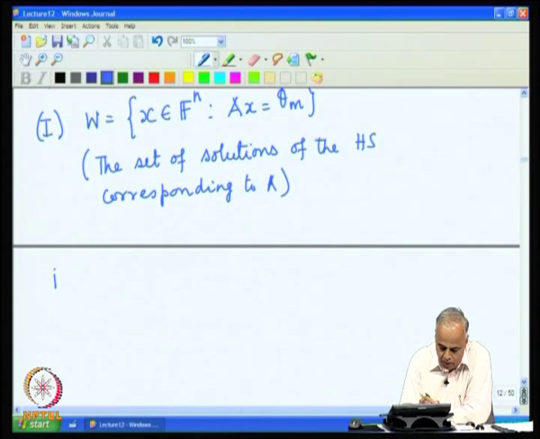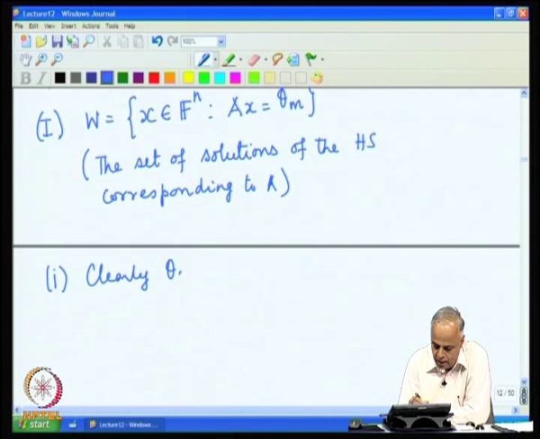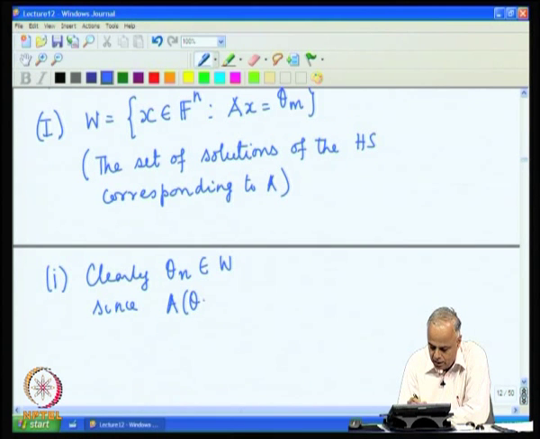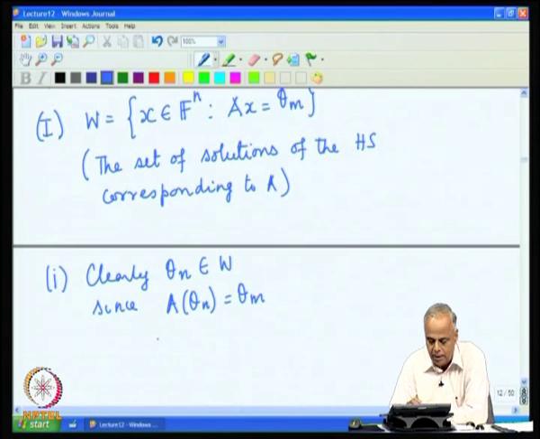So, one, clearly the 0 vector in F n is a solution of the homogeneous system. So, clearly theta n belongs to W since A theta n is theta m. Remember, A is an m by n matrix.